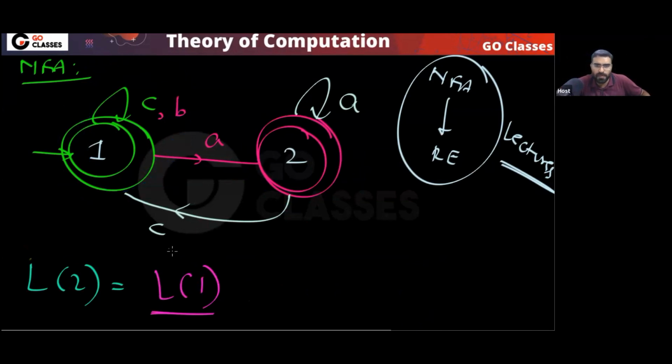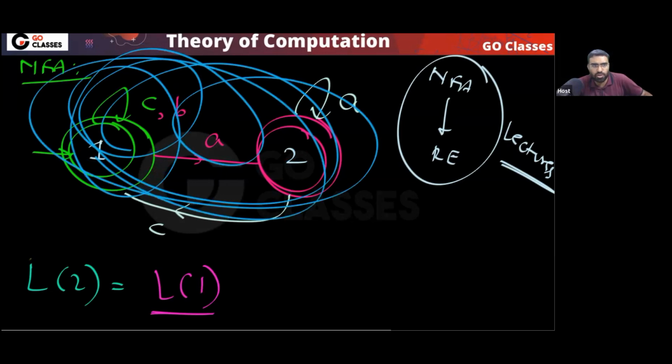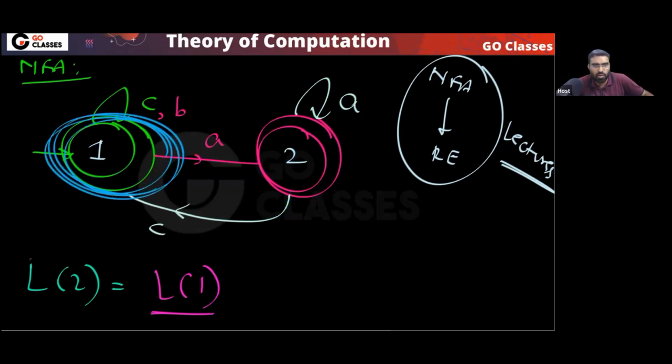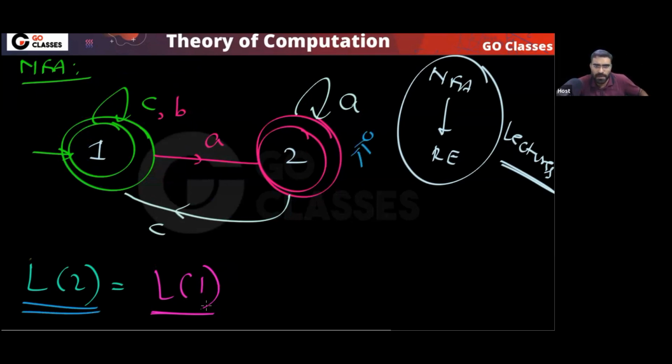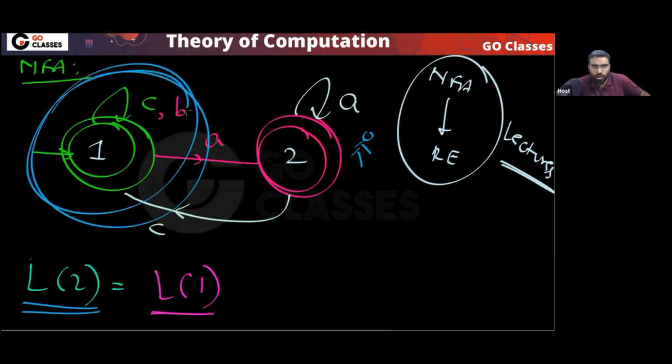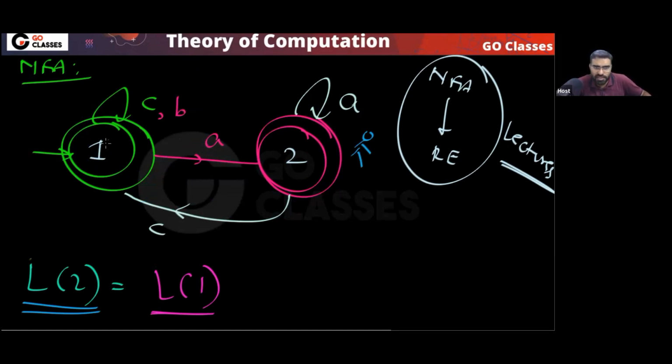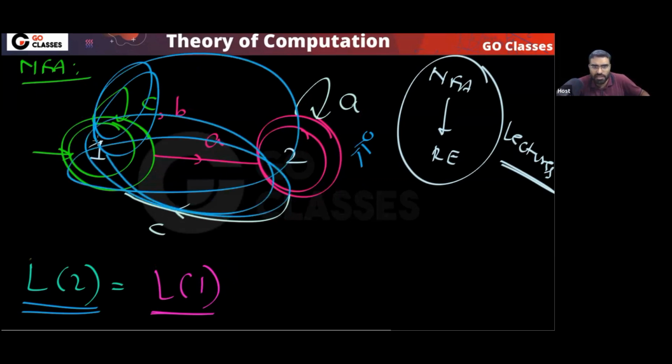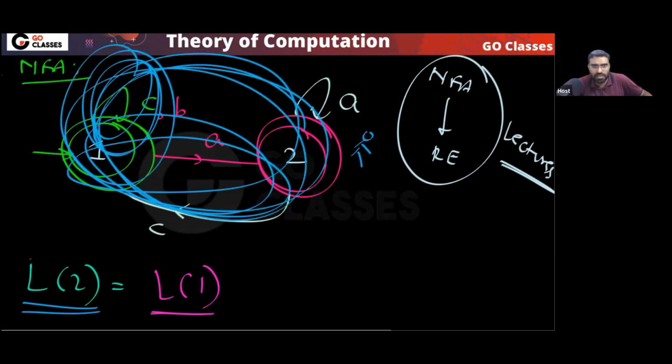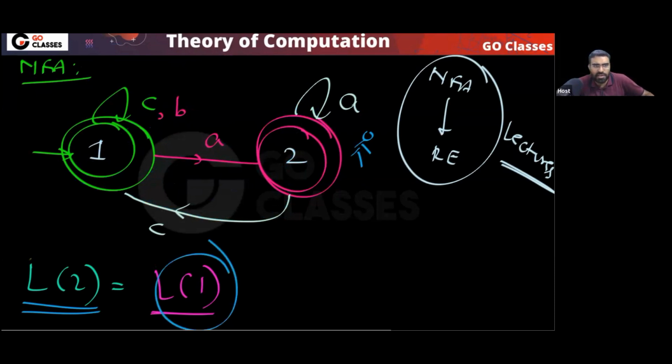But where I want to go? I want to go to state 2. In state 1, you can go like this, like this, like this. So L1 is covering all the possibilities of going to state 1.